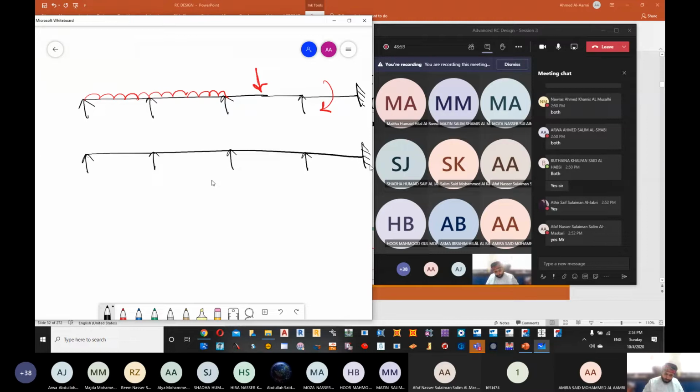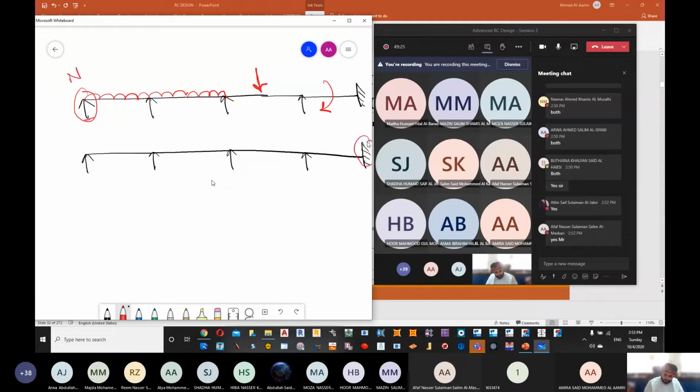If you try to put it into smaller things, it will be very easy. First thing I need to decide here. This is non-continuous because it has only one side. The only case where it becomes continuous and it has one side is the cantilever or a fixed support. This one is non-continuous.